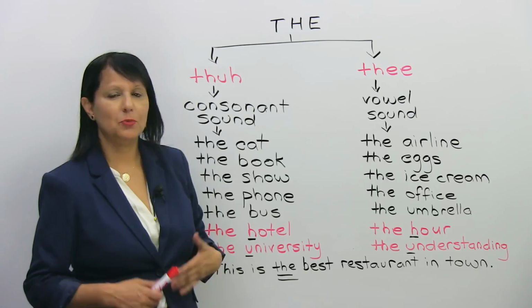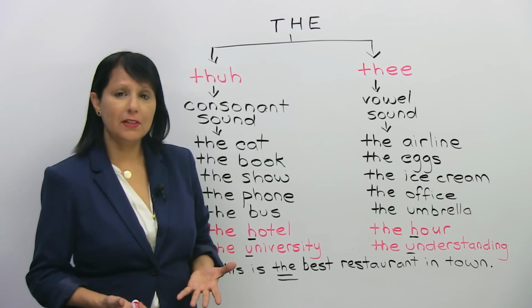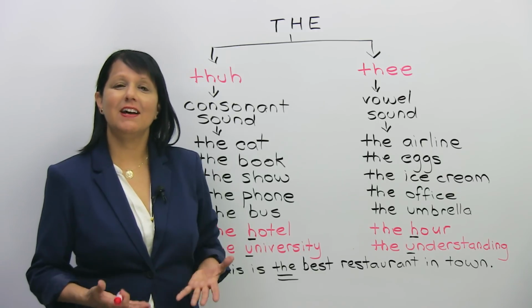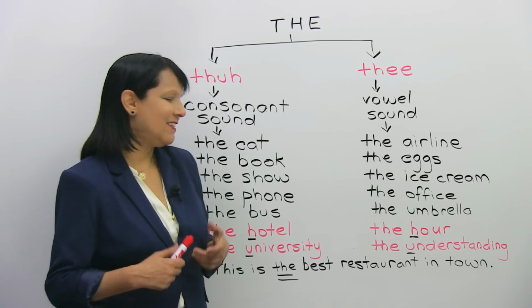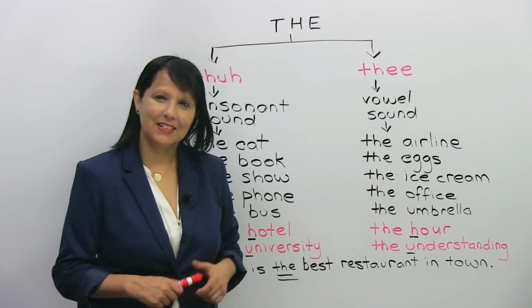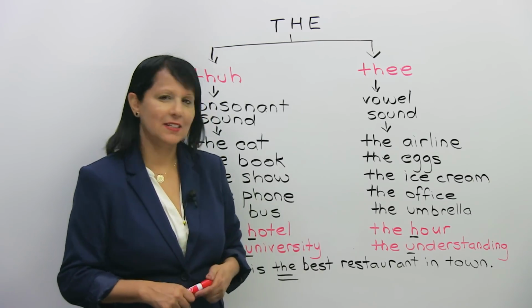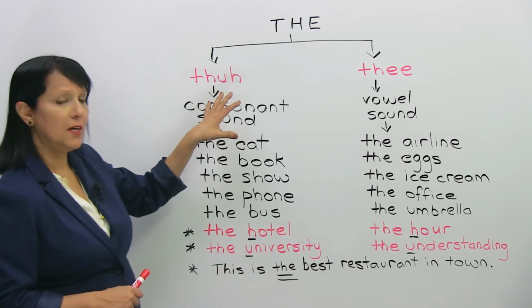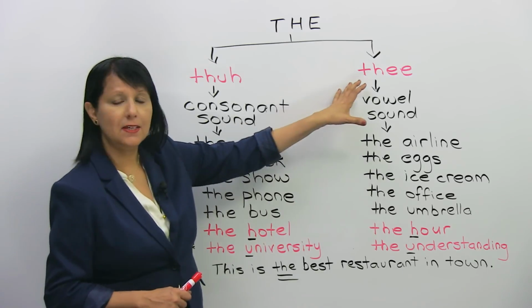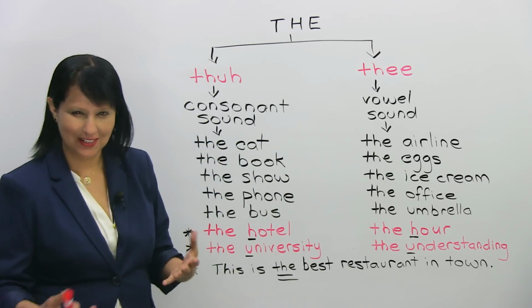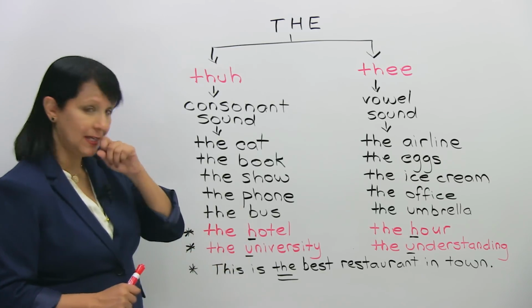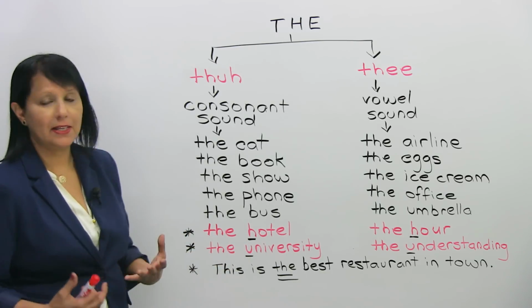For example, we usually say the airline, the eggs, the ice cream, the office, the umbrella. All right? Did you see how that happened? Okay? So, thuh before a consonant sound and thee before a vowel sound. Now, sometimes a consonant like H sounds like an H.